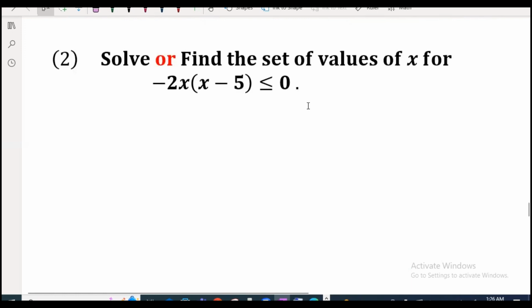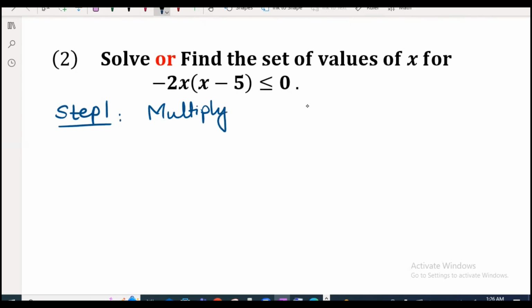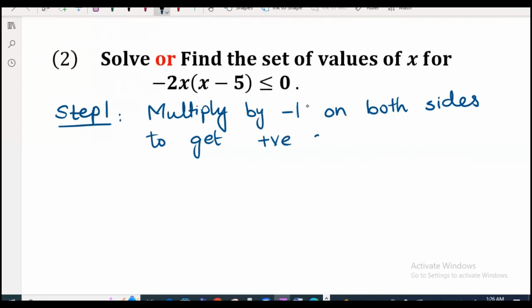So step number 1 is multiply by -1 on both the sides to get positive coefficients.